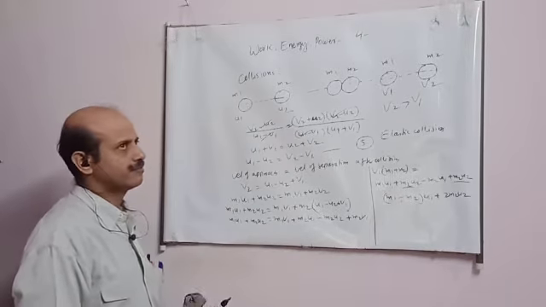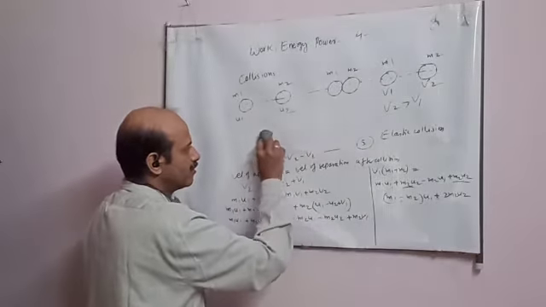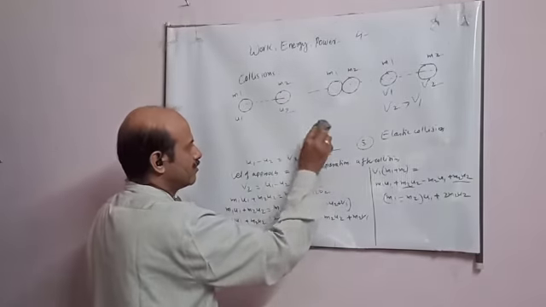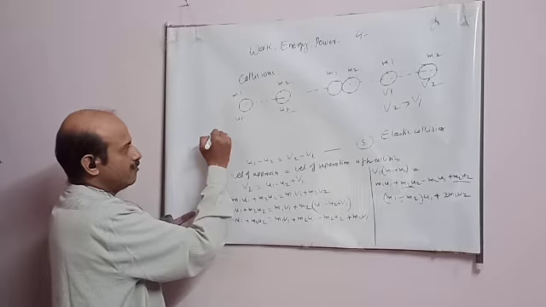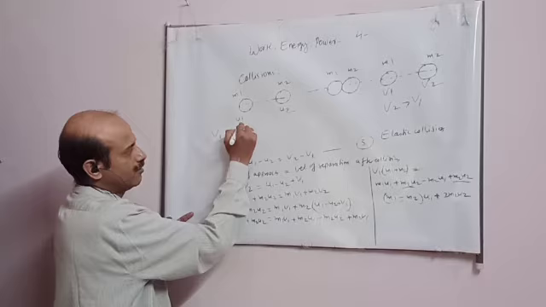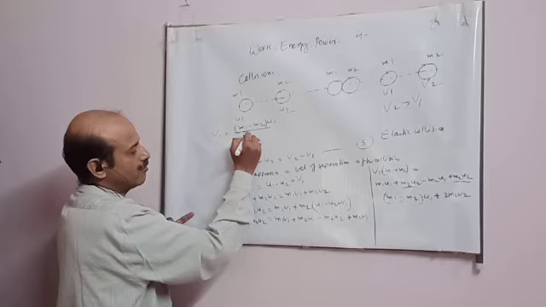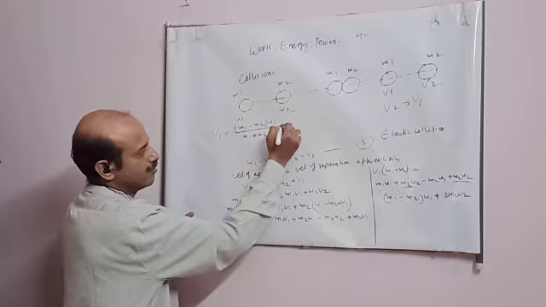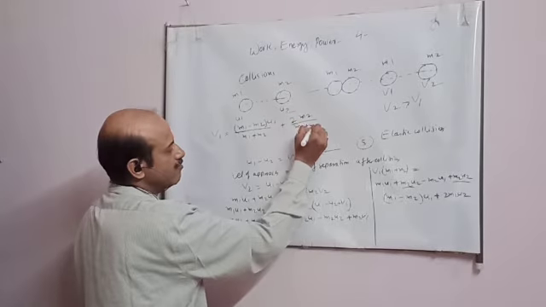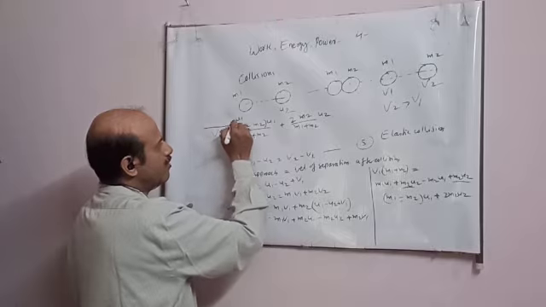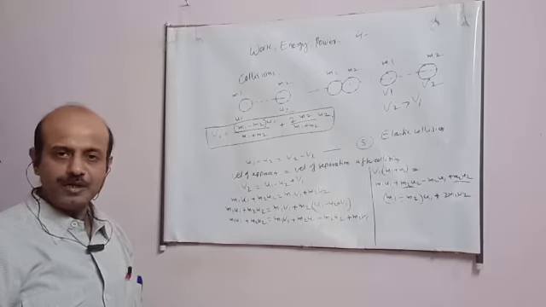The value of v1 will be equal to (m1 minus m2) upon (m1 plus m2) times u1, plus 2m2 upon (m1 plus m2) times u2. This is a very important derivation: the velocity of the first body after collision.